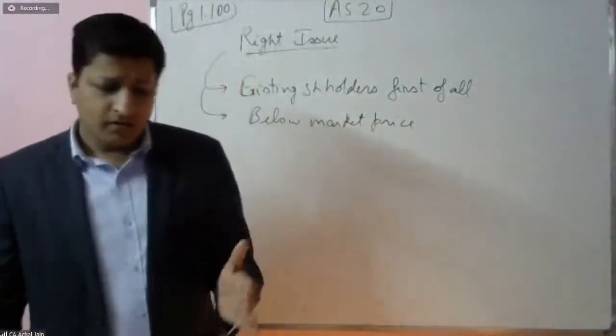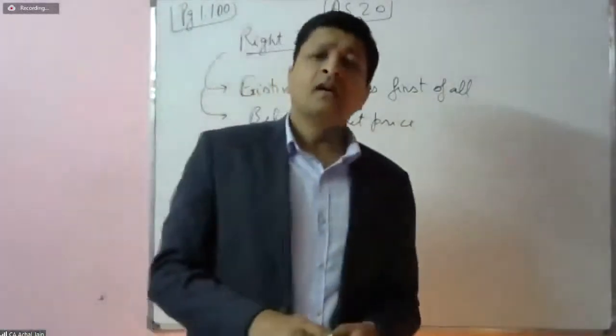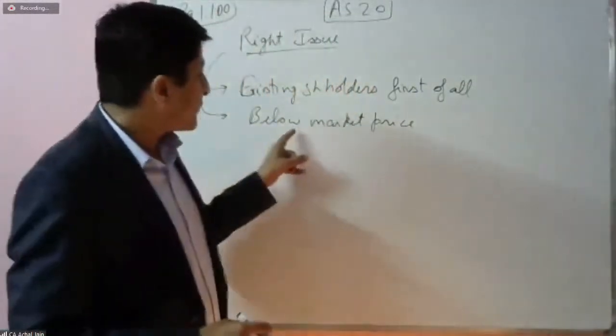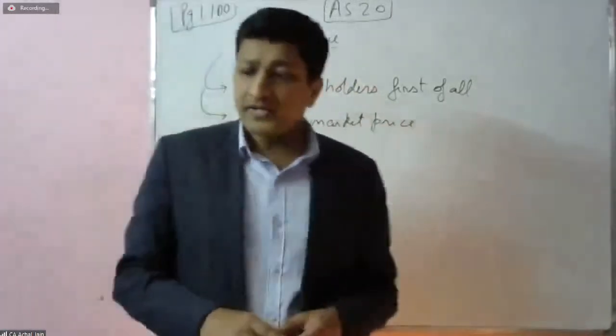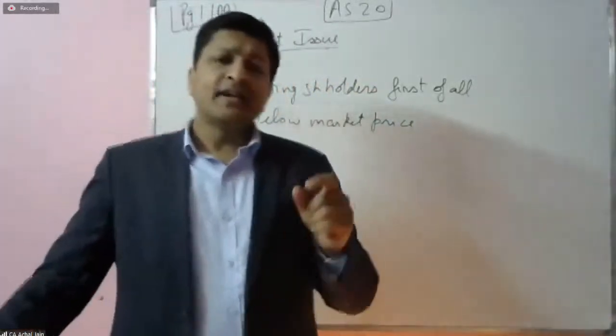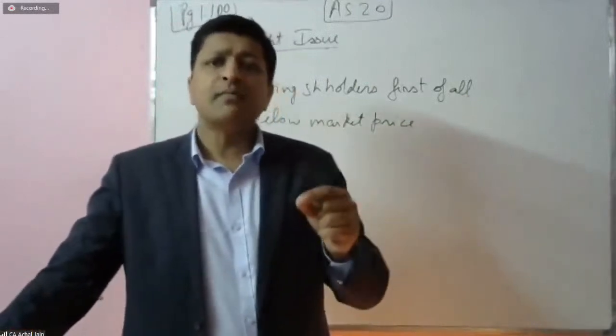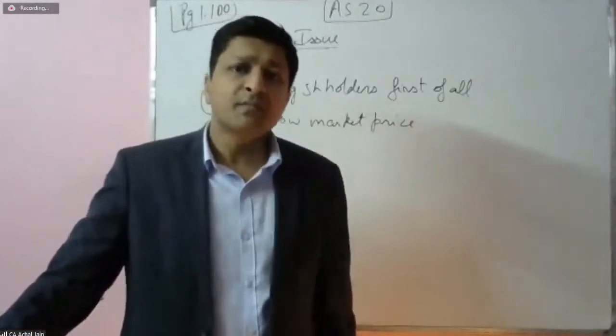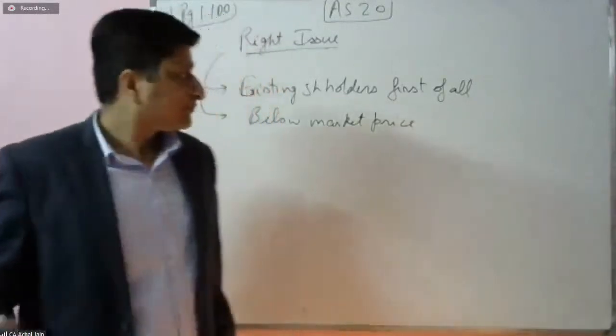Now, here again, because the right issue comes up with this type of arrangement of below market price, we may also say that right issue has got some element of bonus issue. Now let's understand what is the some element of bonus issue.